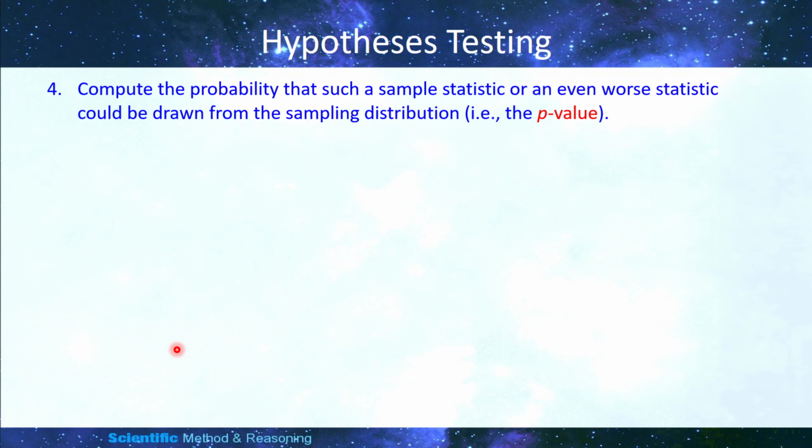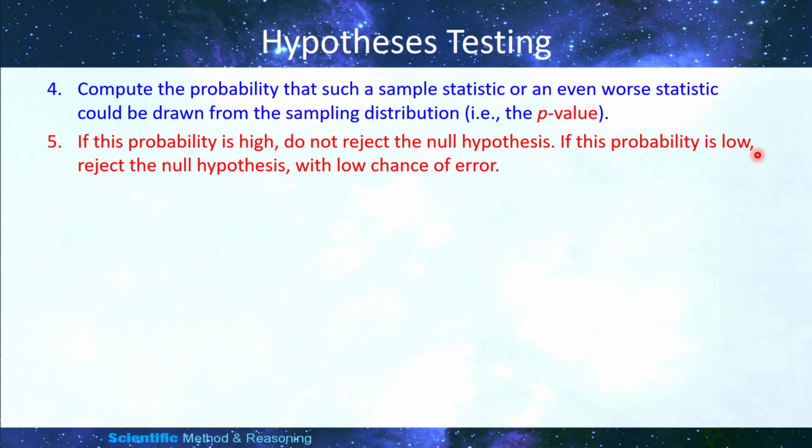Then we compute the probability that such a sample statistic, or an even worse statistic, could be drawn from the sampling distribution. That is, we compute the p-value. The last step is that if this probability is high, we do not reject the null hypothesis. If this probability is low, we reject the null hypothesis, with no chance of error.